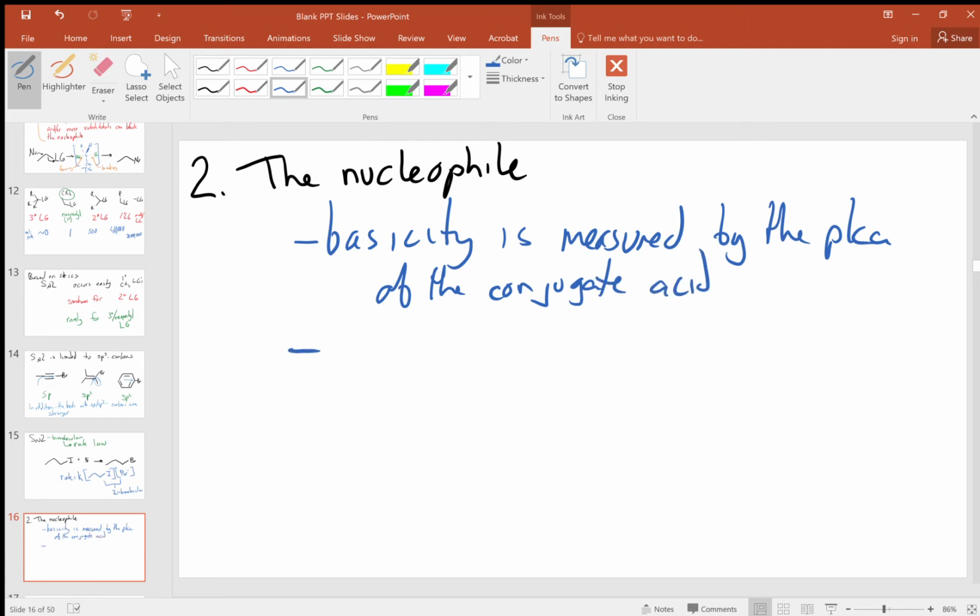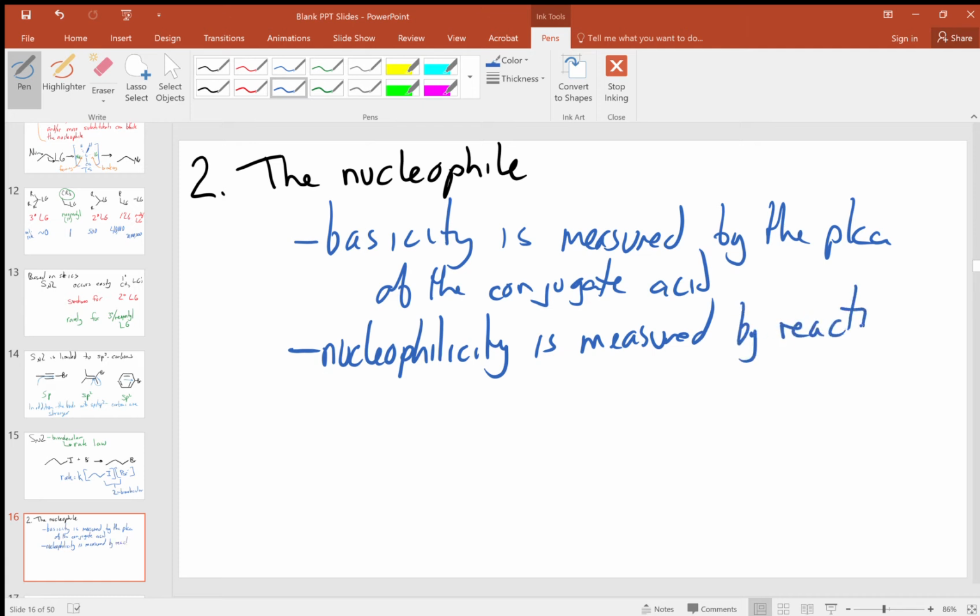Well, nucleophilicity, while again it does have some similarities, isn't the same. How do we measure nucleophilicity? Well, it's measured by the reaction rate in an SN2 reaction.